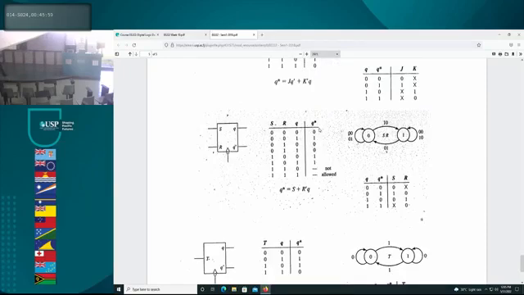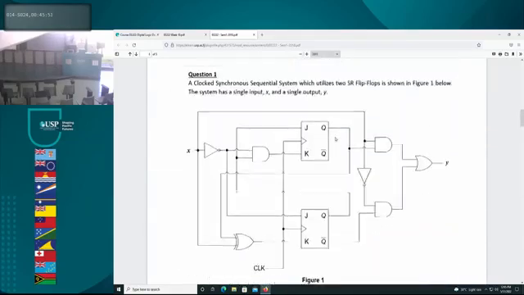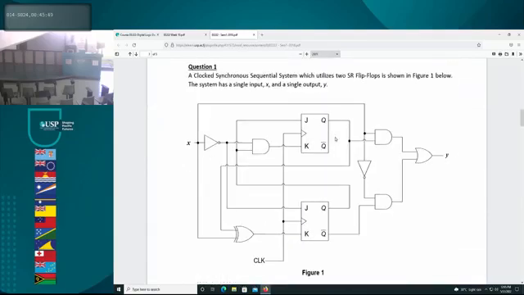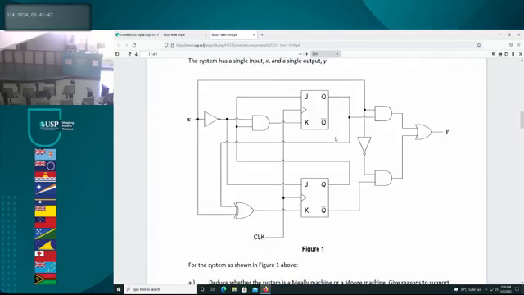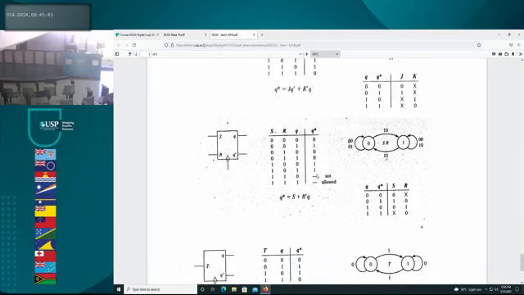This is a data sheet which is always given in every final exam. So this here is the 2018 final exam. So we start off with the SR flip-flop. So that's one down.